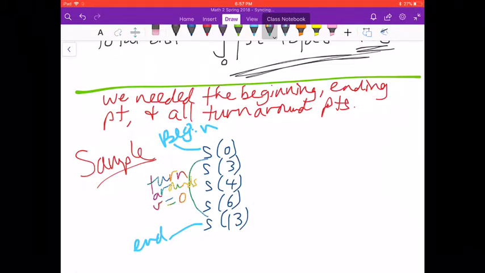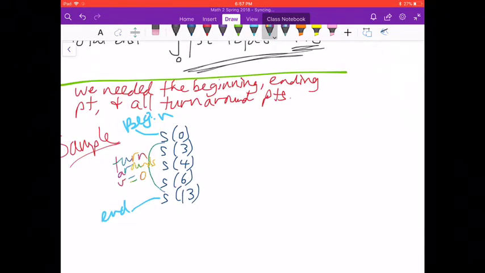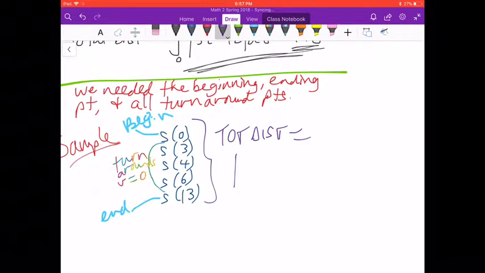All right. So, with those in mind, we can take all that information right there, and we can say that the total distance is equal to, now I'm just going to start with a couple of them here. I've got my first two. I could go s of 0 minus s of 3. I really don't care what order you subtract them.